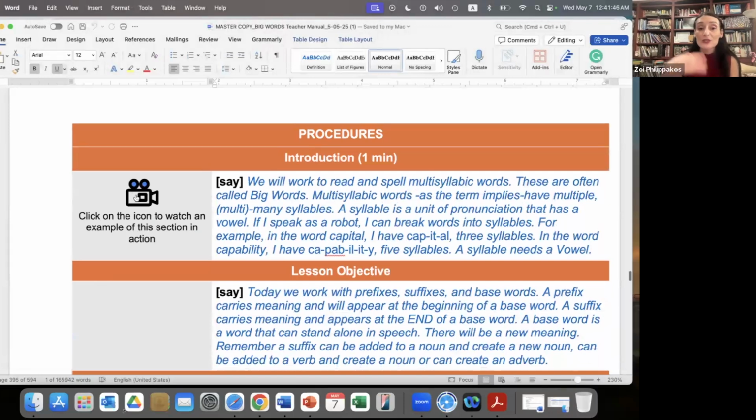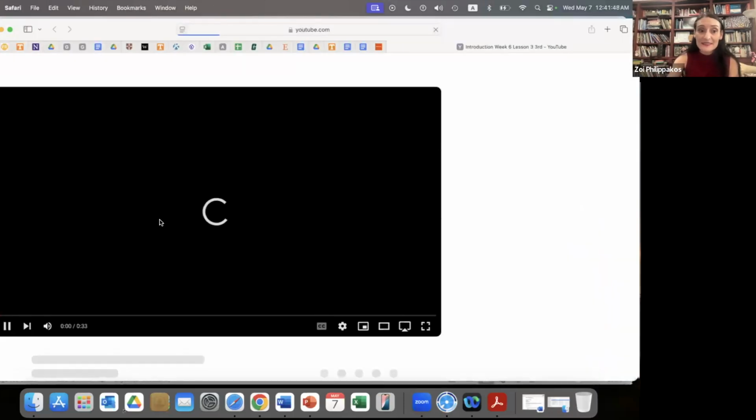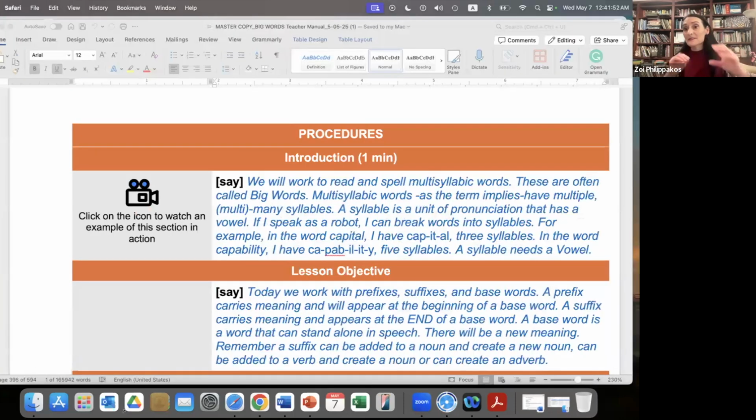Then you will be able to watch an example of the lesson. So for each one of these parts, you have clips that you can use to remind yourself as you are pre-planning. So it is important that you spend time to pre-plan your lessons when you're teaching, to make sure that you're delivering the information with clarity to your students.